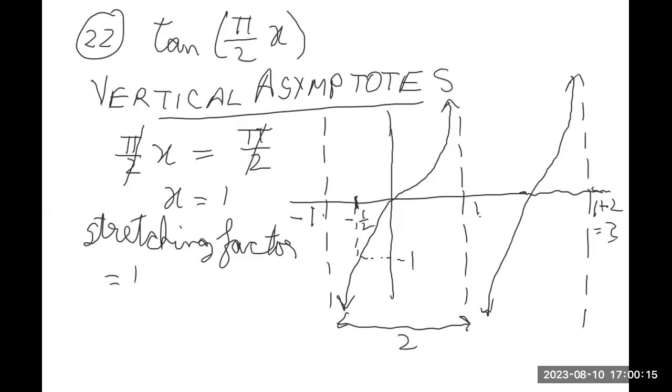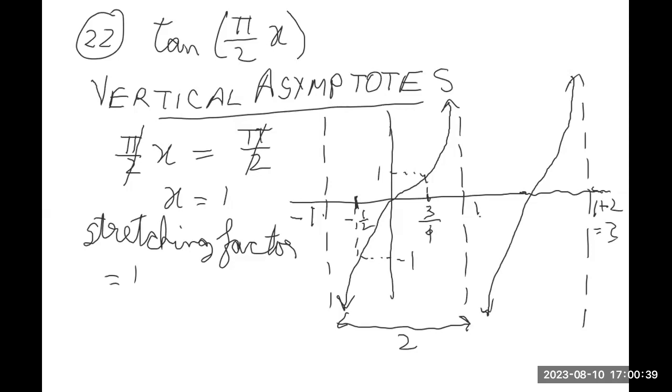Similarly, on the positive side, at the 3/4 point, the y coordinate of the graph would be +1. So that's the graph of tan pi over 2 x.